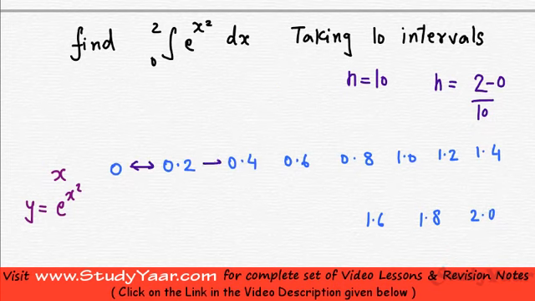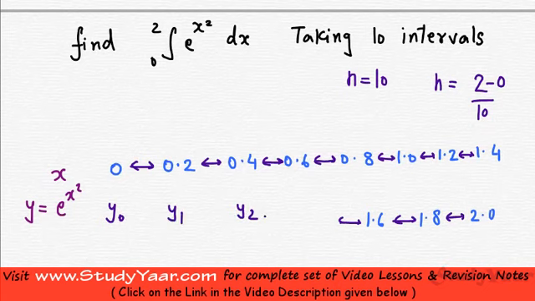This is 1, 2, 3, 4, 5, 6, 7, 8, 9 and 10. Just calculate what is y at e raised to power 0, e raised to power 0.2 square, e raised to power 0.4 square, and so on, and you are going to have your y0, y1, y2, y3, and so on up until your y10 over here.